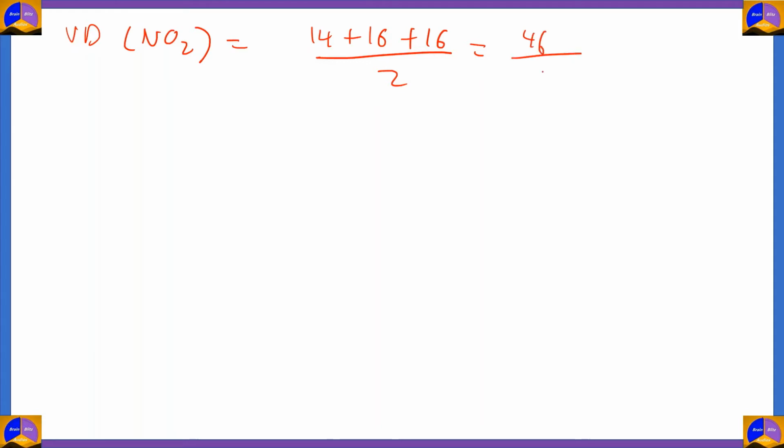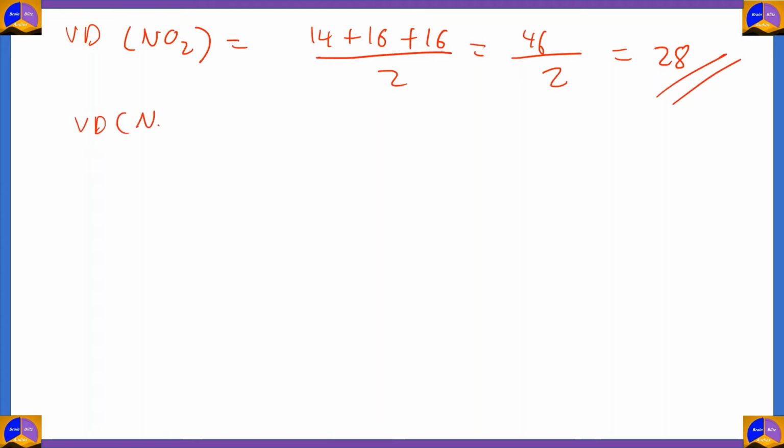So over here, we'll write the vapor density of NO2 as, so N has 14 plus 16 plus 16 because there's 2 O, divided by 2. So that will be 46 divided by 2, which will be equal to 23. So the vapor density of NO2 is 23.